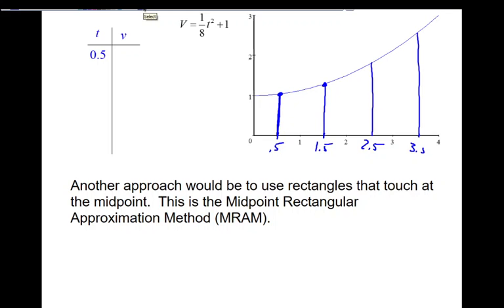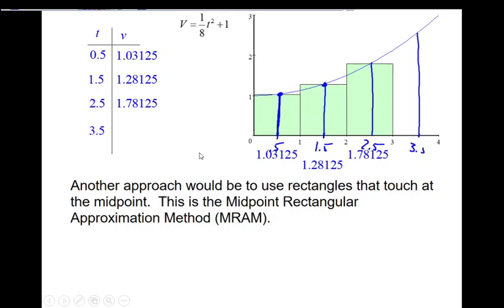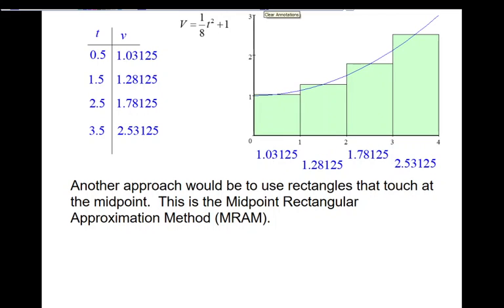So I plug it into my equation, and this is where calculators will come in handy. So when I plug it into my actual velocity equation, so 1/2 squared times 1/8 plus 1, that's my heights. So here we go. And you can see, like I said, how these rectangles hit in the middle.